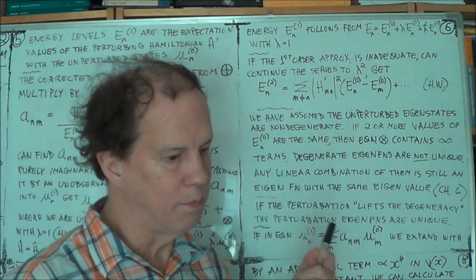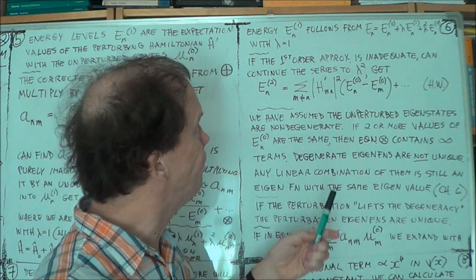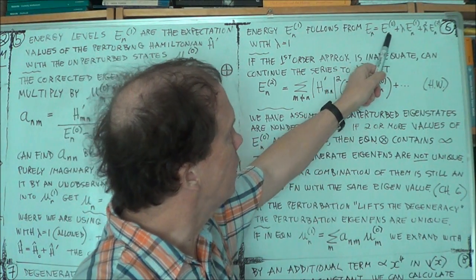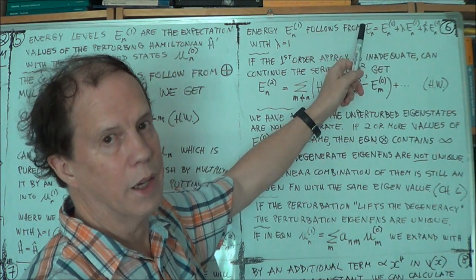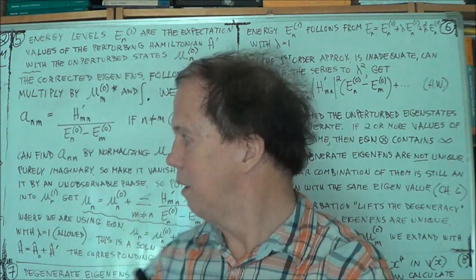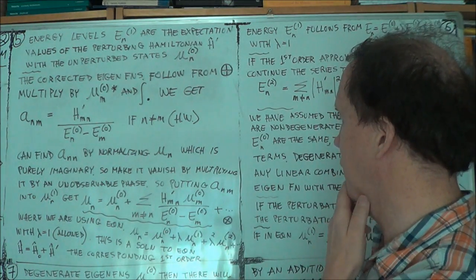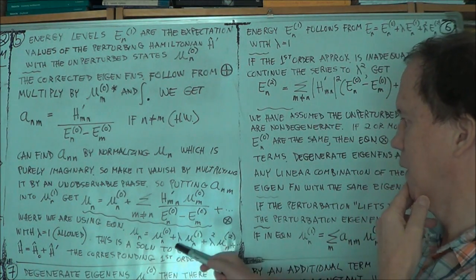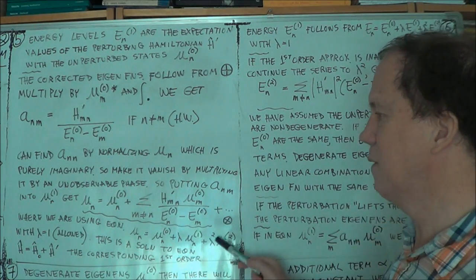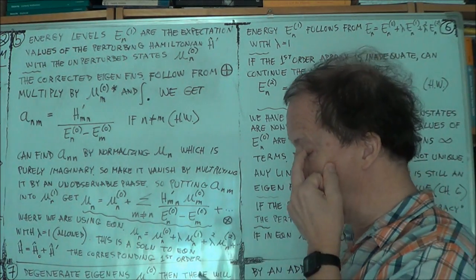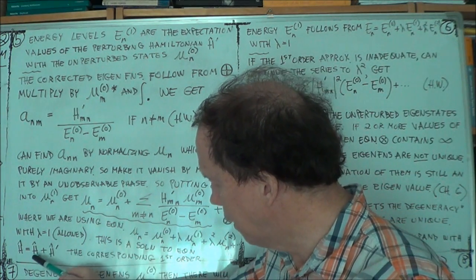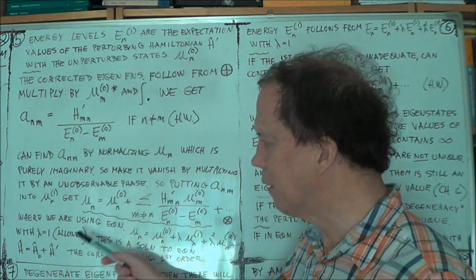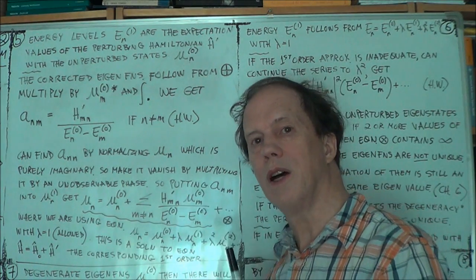Plug in this for your En in the eigenequation. Plug in this for your eigenfunctions in the general eigenequation. You need a lambda here. Plug in this as the Hamiltonian in your general eigenequation.